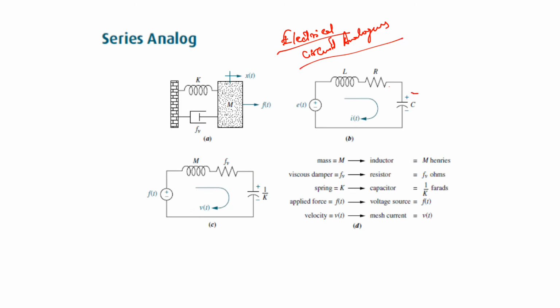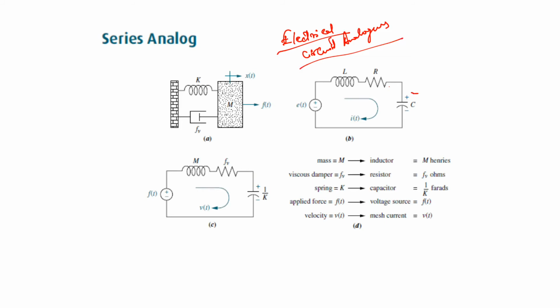The electric circuit that is analogous to a system from another discipline is called an electric circuit analog. Analogs can be obtained by comparing the differential equations of motion of the mechanical system with either electrical mesh or nodal analysis.